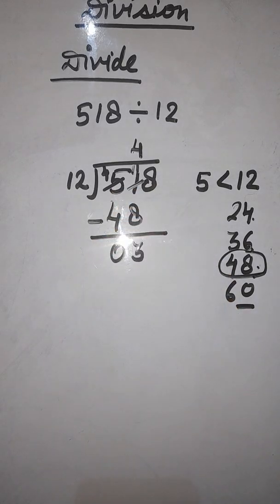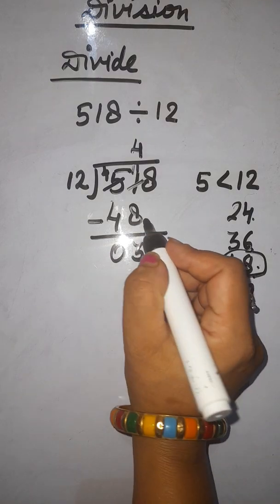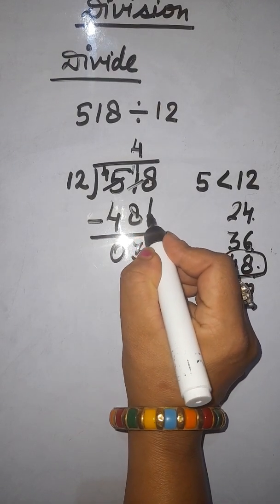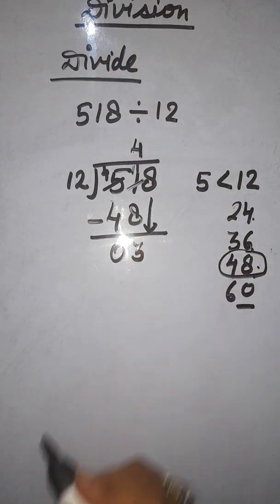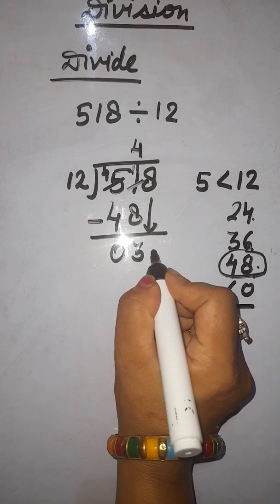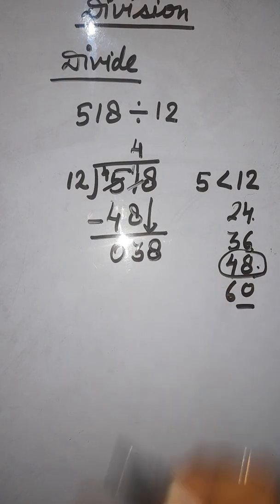Fine everyone? Now in the third step, we'll bring down the number. We have one more number here, that is 8. Now bring it down. It has become 38.